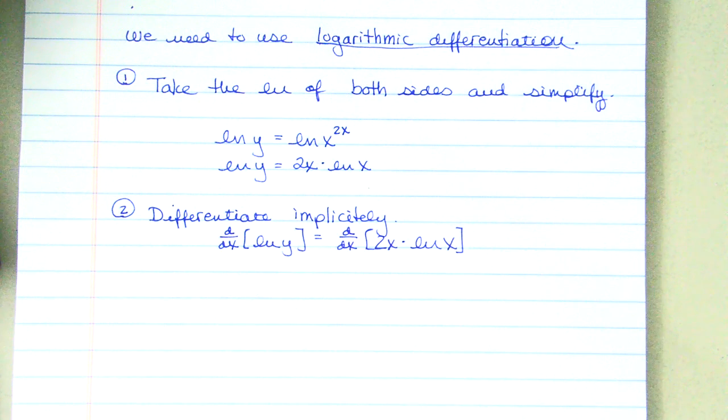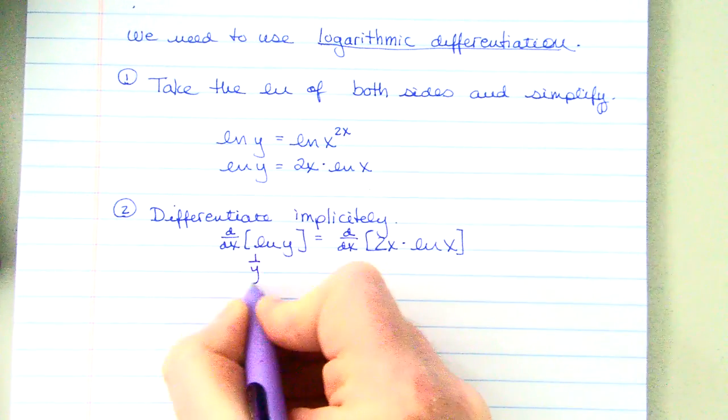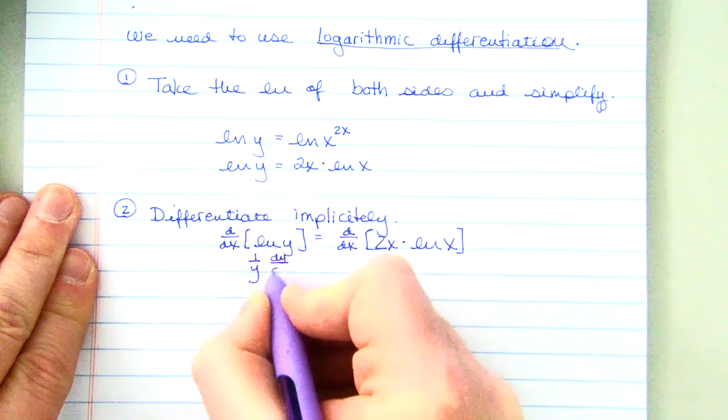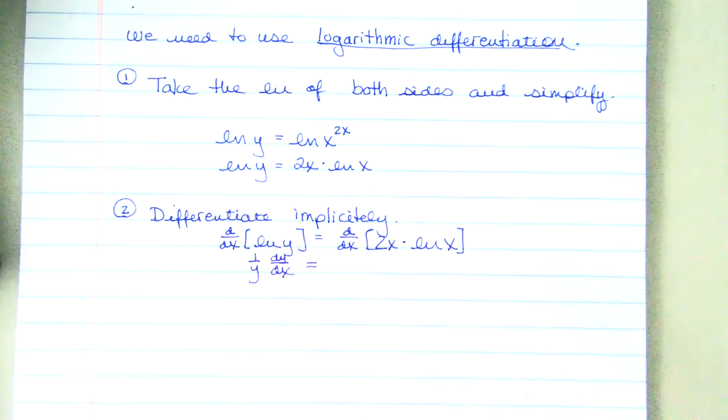Help me out. What's the derivative of the natural log of y? 1 over y dy dx, because it's something with a y. As for the right side, well, I think that just looks like a product rule problem to me. Go do your product rule.